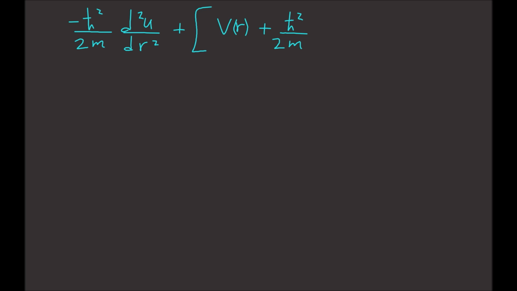Okay, so now we have minus h bar squared divided by 2m times the second derivative of u with respect to r, plus some potential function V, plus h bar squared divided by 2m times L times L plus 1 divided by r squared, times u equals E times u.